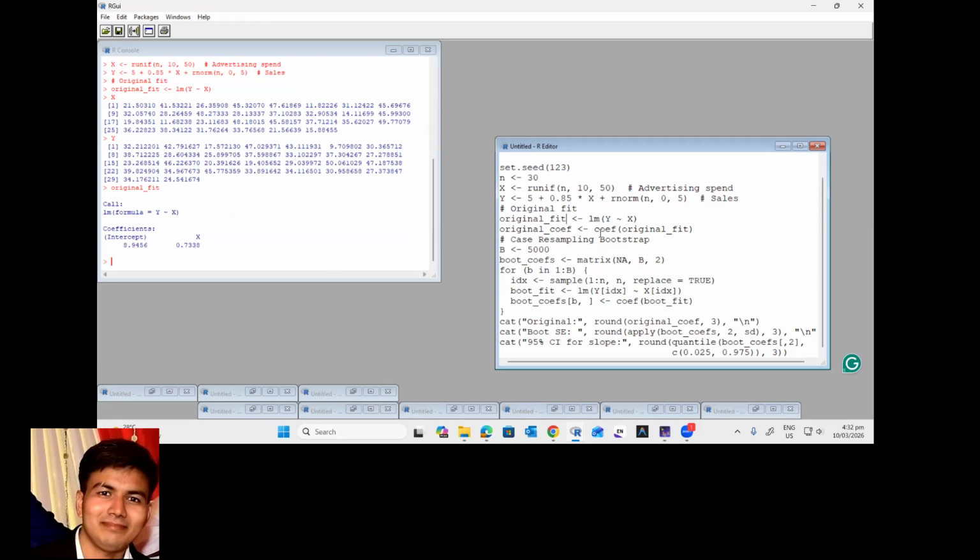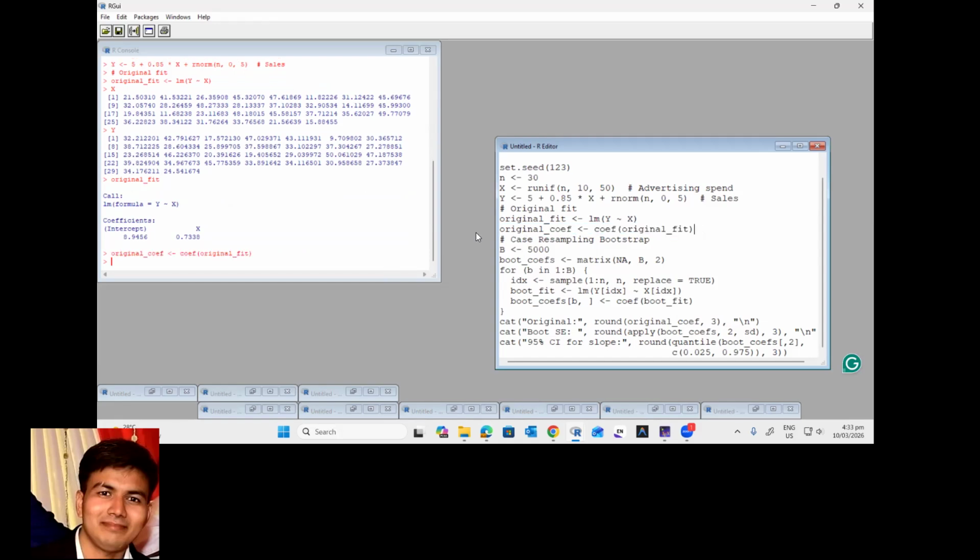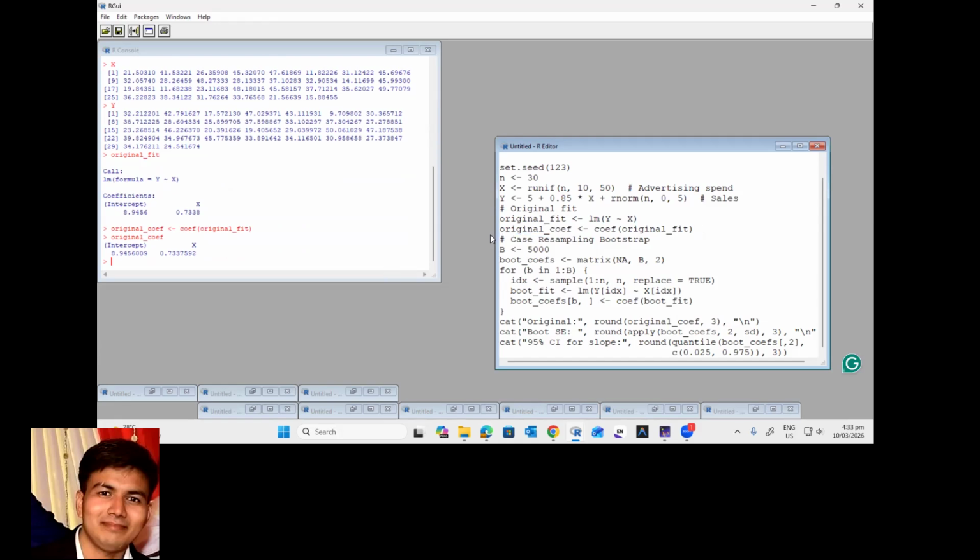Okay, so we will check the original coefficients here. We extract the coefficients of the original fit.